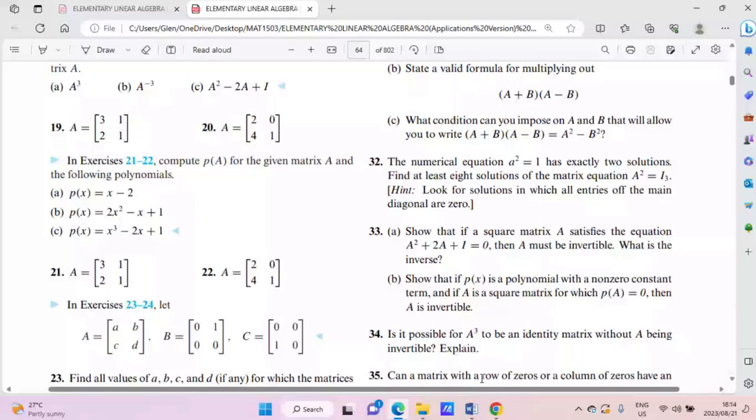Let's multiply the matrix. We're in agreement that the matrix X is 2, 0, 4, 1, right? Yes. And you know that we multiply rows by columns, right? Yes. So first row and first column, we're going to have 2 times 2 plus 0 times 4. In agreement? Yes.